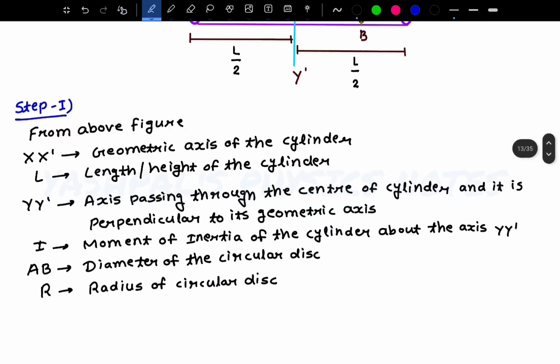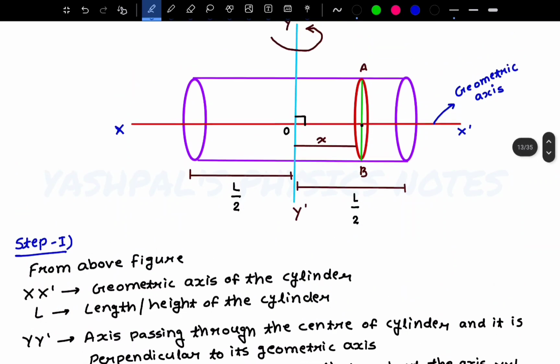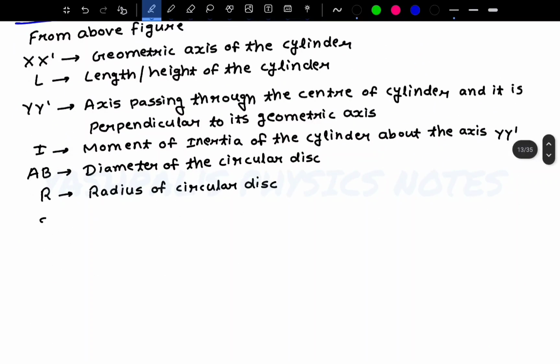And let dx be the thickness of this circular disc.